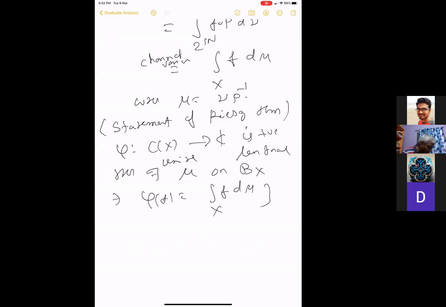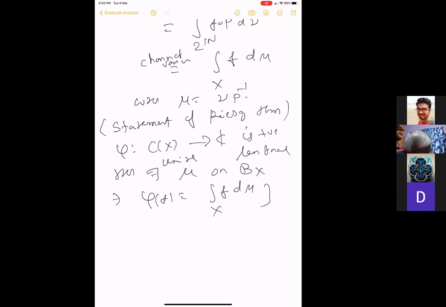Yes, sir. Sir, I'm also wondering whether this statement would hold if we consider C of x to be the space of all real functions.